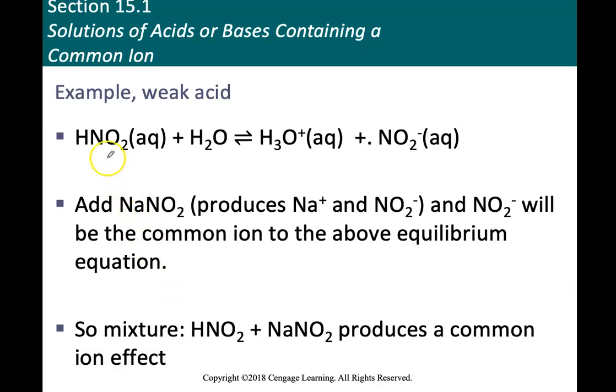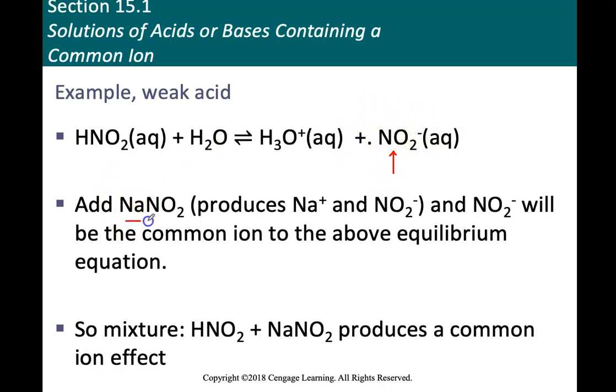So another example will be this one. For example, this is a weak acid, nitrous acid. That's the equilibrium. It ionizes or dissociates in water to form hydronium and the nitrite anion. So what will be the common ion to be added here? You will need a source of this nitrite ion.